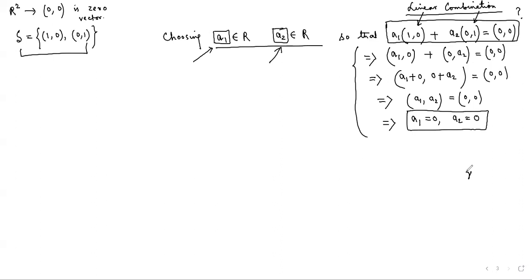Suppose I give you an equation like x plus y equal to 0 and ask you to solve it. It means give me a solution of this equation which gives the answer 0. After solving, you get x equal to minus y.